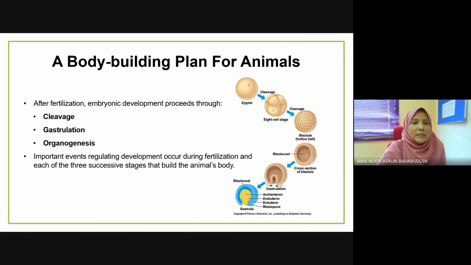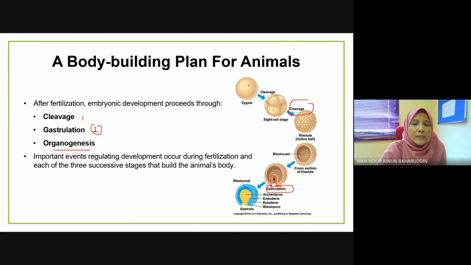So after fertilization, the embryo will develop through 3 processes. First one, cleavage. Second one, gastrulation. And then third one is organogenesis. We do have gastrulation, and then organogenesis.